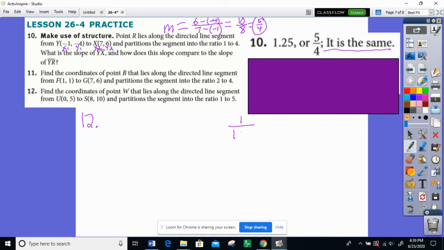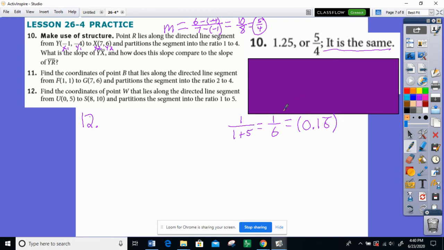So that would be 1 over 1 plus 5. That is 1/6, which would be, as a decimal, 0.16 repeating.